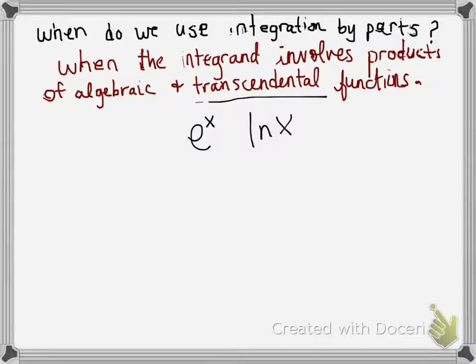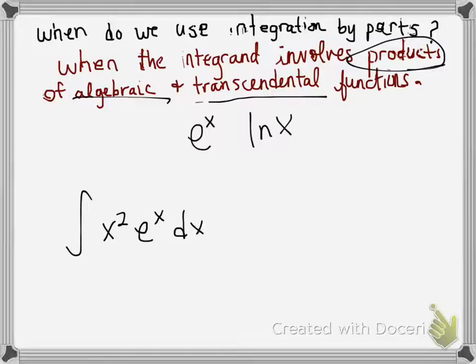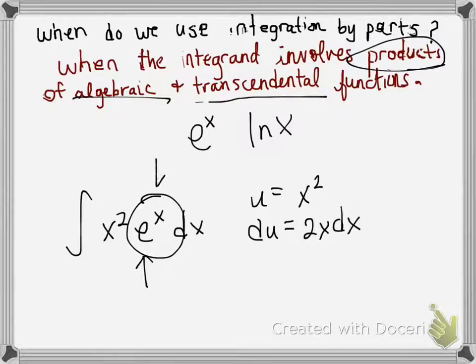Okay, so here's an example where I have a product of algebraic and transcendental functions. For example, the integral of x squared times e to the x dx. There's my transcendental function, and I do have a product. If I try u substitution and set u equal to x squared, then du would be 2x dx, and there's no way I can make e to the x look like 2x dx by multiplying it by a single number.